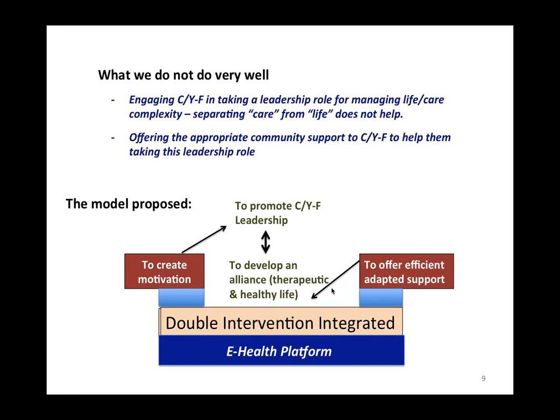And of course, there is a continuous link between the motivated children toward strong leadership in managing their health and developing the alliance with the community of practice, which involves all the key players to support them.